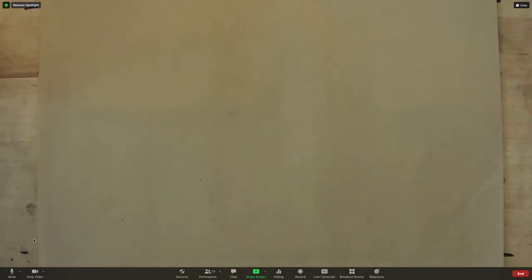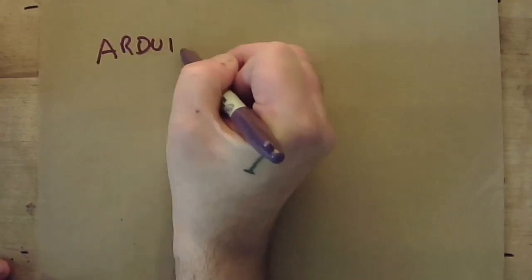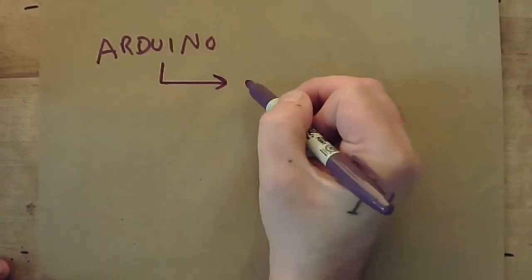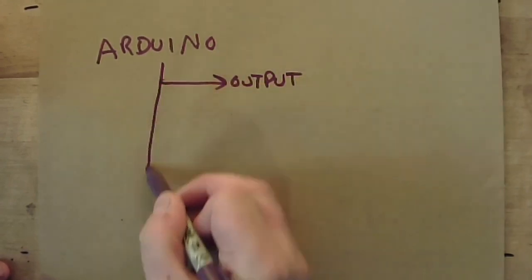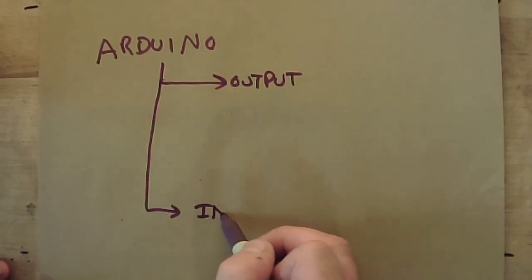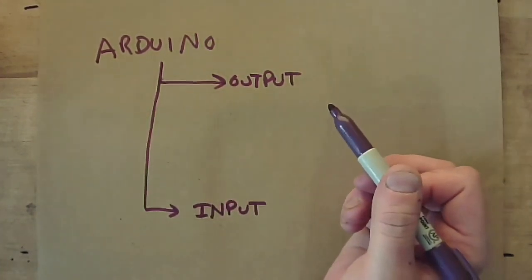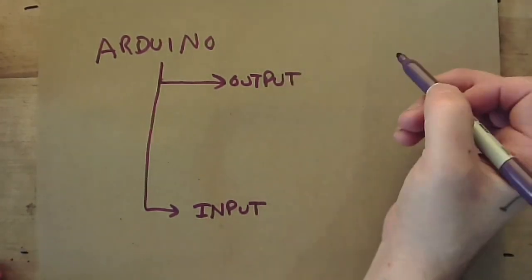But so the Arduino can both do output and input. So the output, when we're outputting electricity, we're going to call this writing.